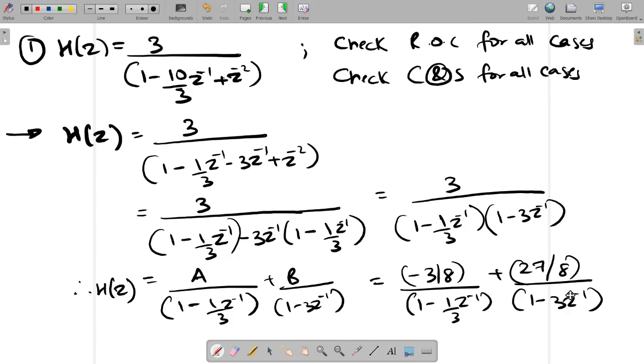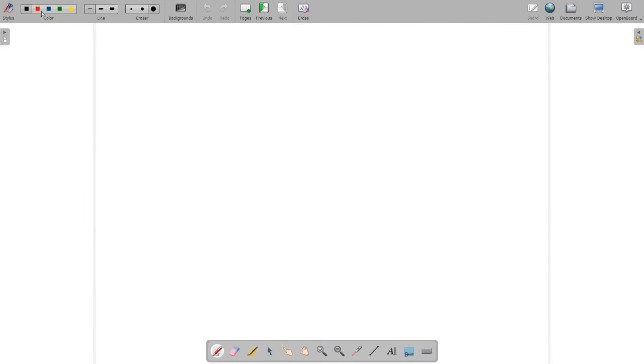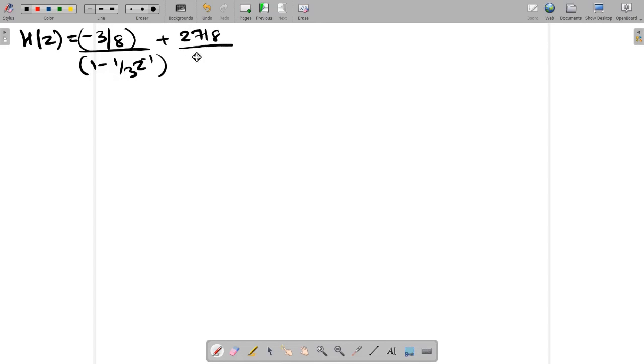That is your H of z. Fine. Okay. So therefore H of z is minus 3 by 8 upon 1 minus 1 by 3 z inverse plus 27 by 8, 1 upon 1 minus 3 z inverse.